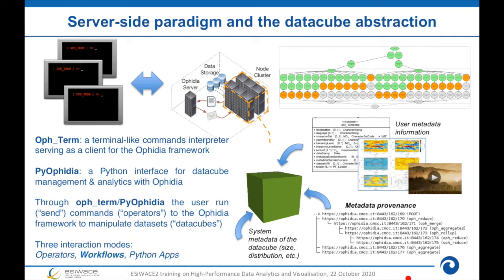There are different tools that can be exploited on the client side, like the Ophidia library that we saw in the first session, and also the Ophidia Terminal, which can be used to run single tasks, but also entire workflows, which are then submitted and handled by the Ophidia server on the server side, running on the high performance computing infrastructure or on cloud resources based on the type of infrastructure which is being used.